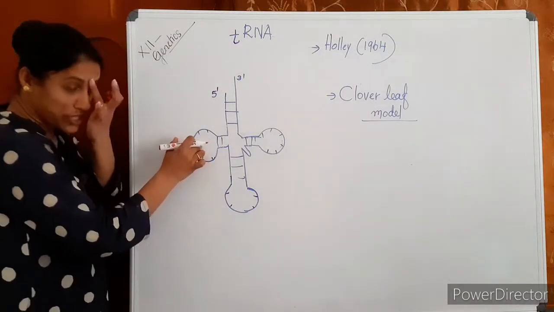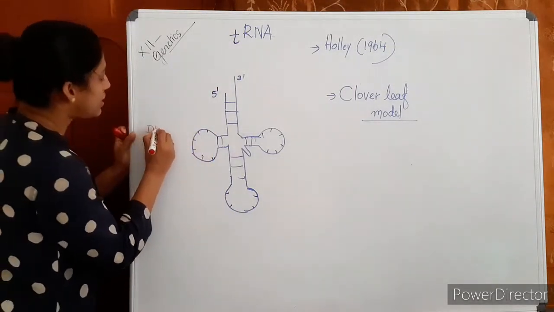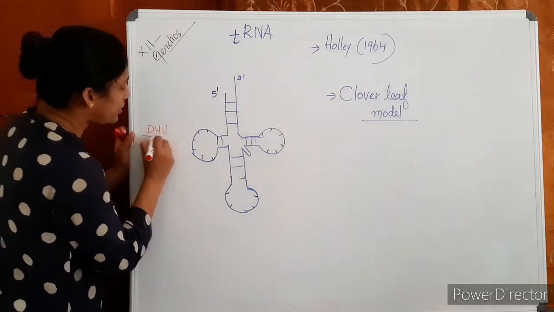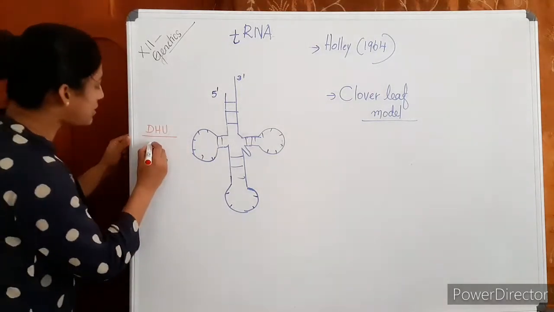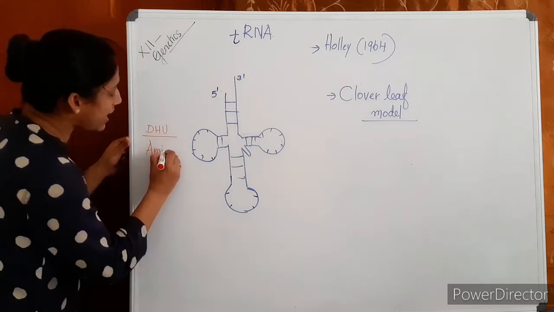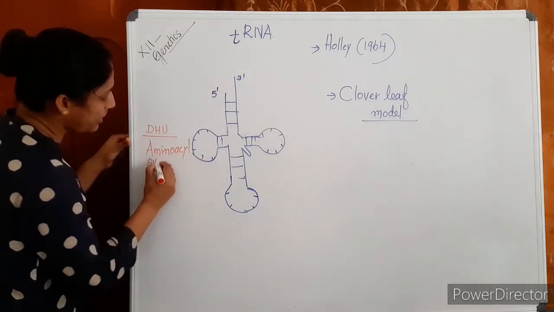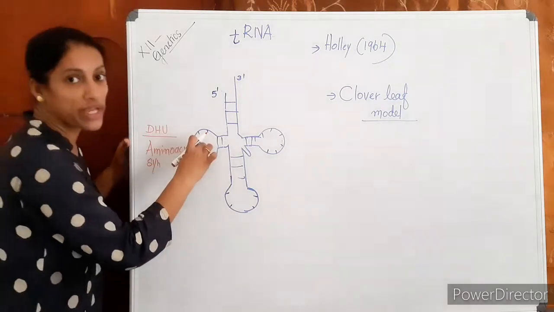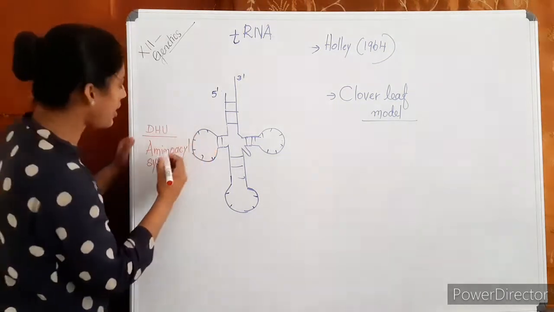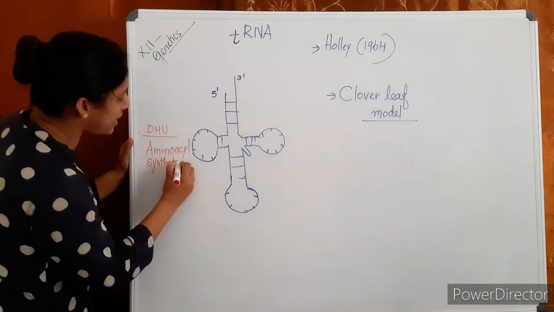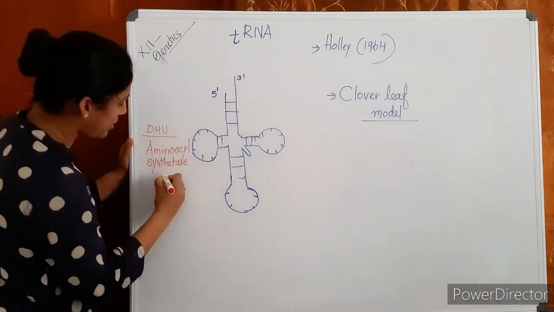this particular loop is known as the DHU loop. Okay, and this is the amino acid synthetase binding loop, meaning this loop actually binds to the enzyme, the amino acid synthetase enzyme, for translation.